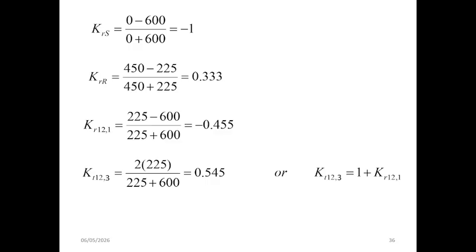In the first case, the reflection coefficient is equal to -1, indicating total reflection with polarity reversal, which typically occurs when a wave meets a short circuit or zero impedance termination. In the second case, a positive reflection coefficient is equal to 0.333.